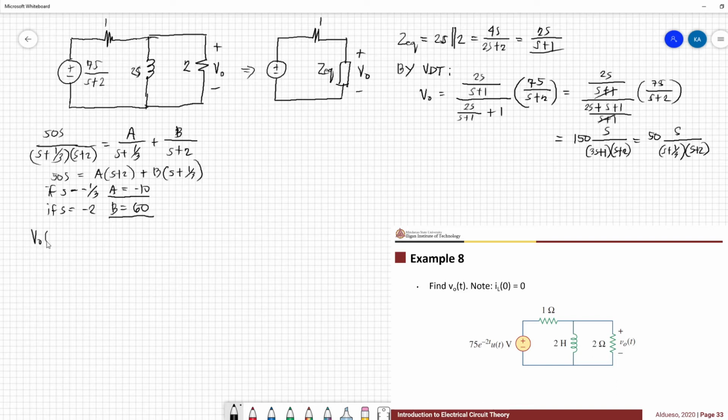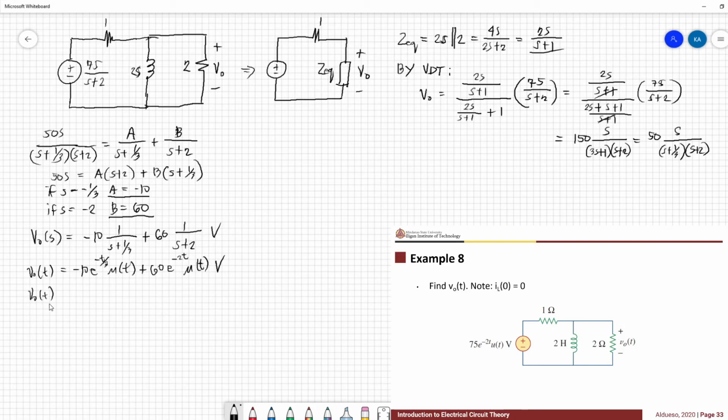So we have V of S equal to negative 10 times 1 over S plus 1/3, plus 60 times 1 over S plus 2 volts. Now converting this into time domain, we have negative 10 e to the negative t over 3 u of t plus 60 e to the negative 2t u of t volts.